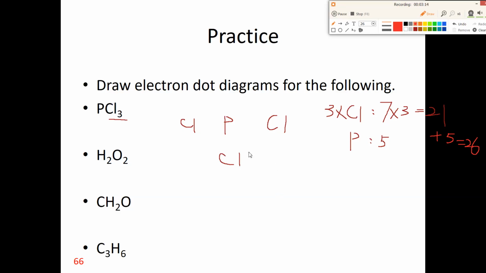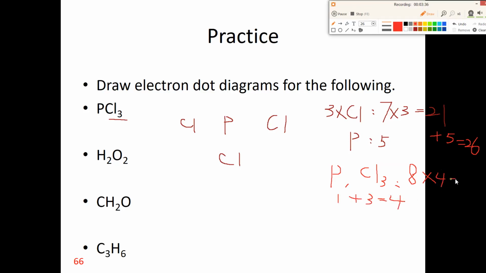For both phosphorus and chlorine, we need 8 electrons. That's why we talk about the octet, right? So the octet, each needs 8, and we have a total of 4 atoms: 1 plus 3, total is 4.